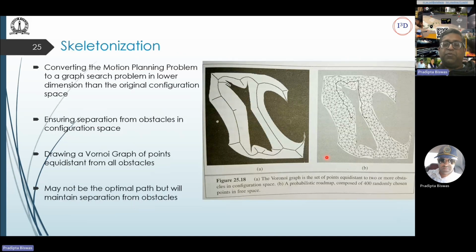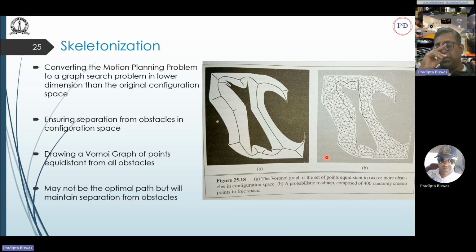An alternative is the skeletonization approach, in which we reduce the dimension of the configuration space to a lower space. One possible way of doing it is to define a set of points which are equidistant from all obstacles, maintaining a separation from obstacles. In this context, you can remember there is a cobot standard which talks about keeping a separation distance from the human operator.